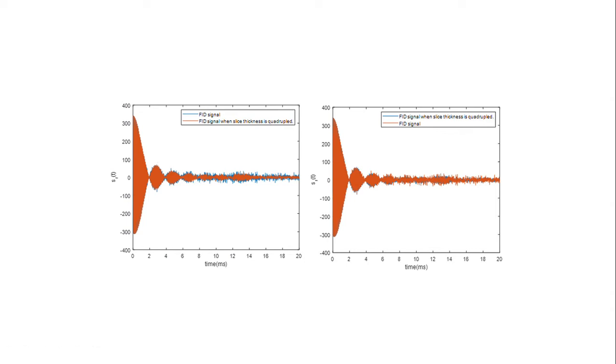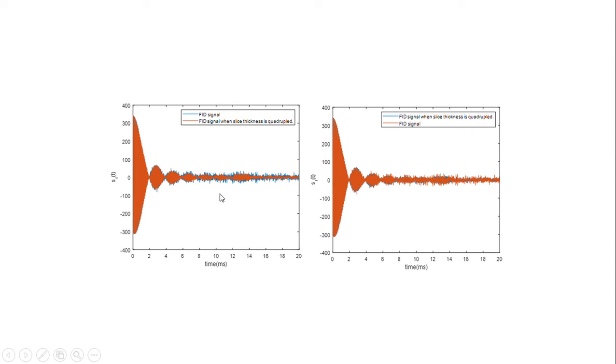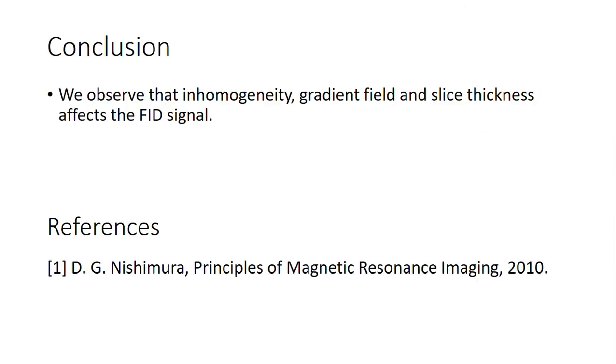So in the non-scaled version we can say that it has quicker decay, but in the scaled version they were the same. So it does not correlate with the FID signal in the scaled version. As a conclusion, we observe that inhomogeneity, gradient field, and slice thickness affect the FID signal.